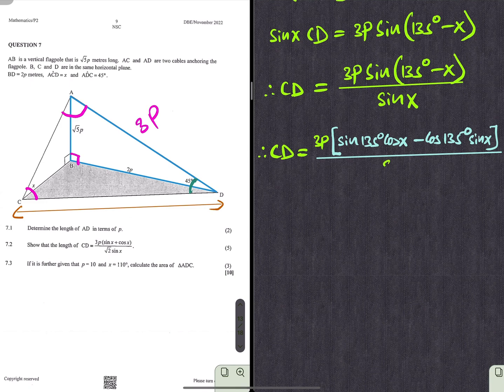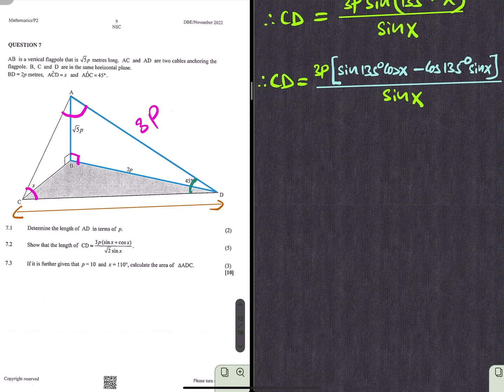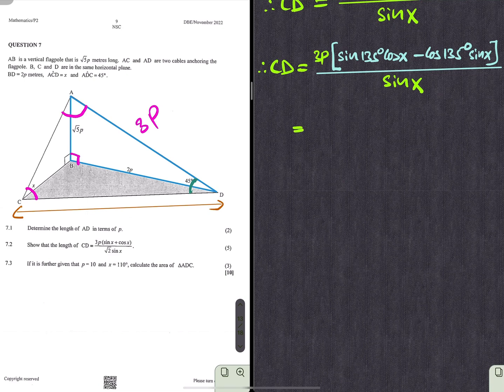I think that should be sine x. Check something, guys. This will really boil down to 3p. Let me just really do this. And then I have a sine of x here, and deal with that stuff inside. This stuff, if you look at sine 135, it's taking you back to a reduction of angles where 135 is basically the obtuse angle, and sine in that space is positive.